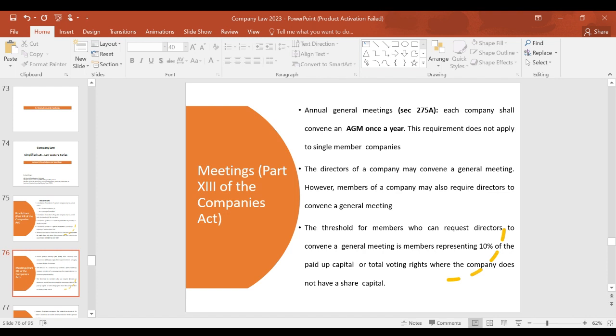But if it has more than one member, even if it's a private company, the Companies Act under Section 275A requires that such a company constitutes an annual general meeting at least once in a year. And of course, in this annual general meeting is where they're going to table the reports on the financial position of the company, and also reports on several dealings of the company, and many other issues will be discussed within that annual general meeting.